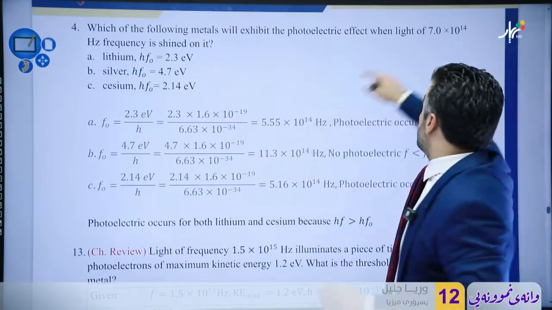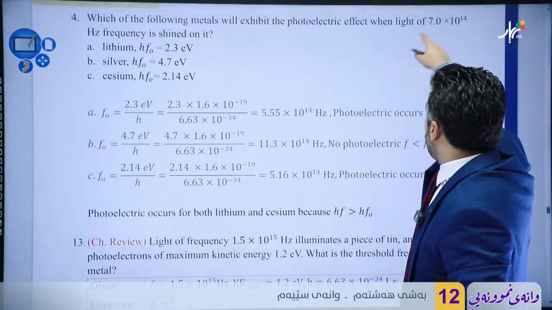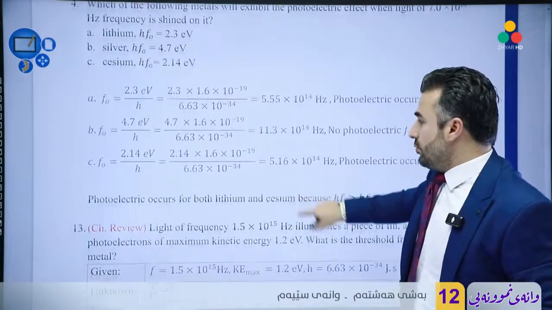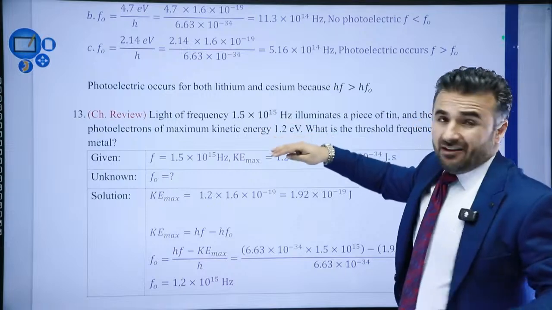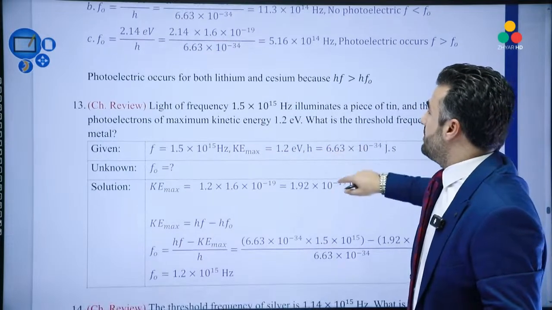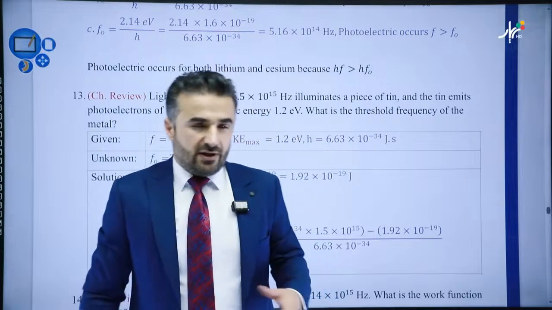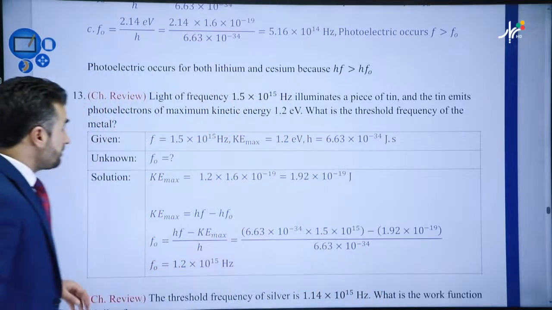Considering these are of the same power, we will not consider that. And of course, what about this one? 7 is bigger than 5. That is for cesium. Electron will be ejected. Now, the photoelectric effect occurs for both lithium and cesium because the incident energy, or you can say frequency, is bigger than the threshold frequency.